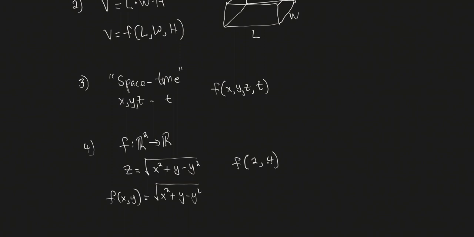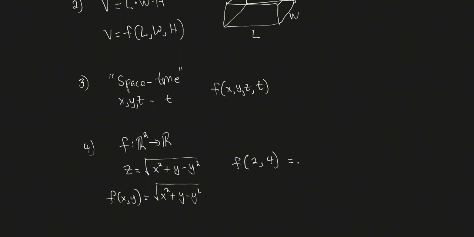Otherwise, it will be ambiguous. And we're going to use the same order that we use when we're denoting standard ordered pairs. The x value is always first. The y value is always second. If we had a third value, that would be interpreted as a z in this context. If the context is a little bit different, then the question would have to indicate the order, right?